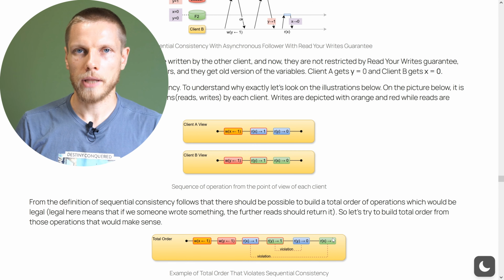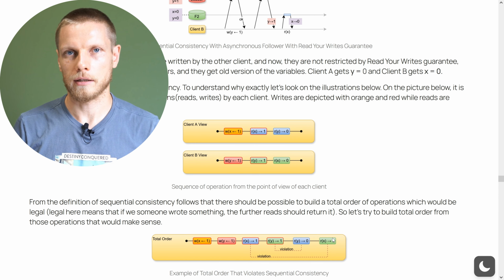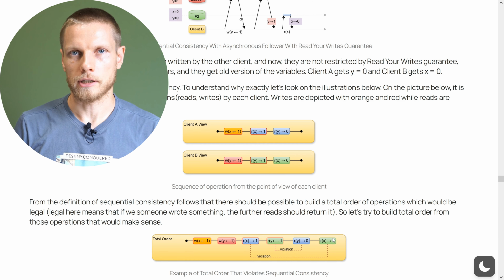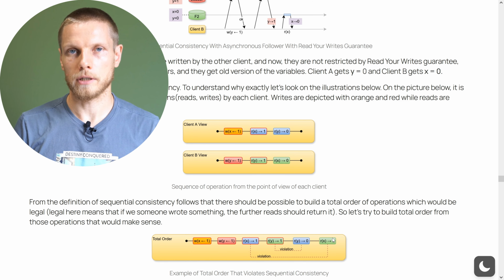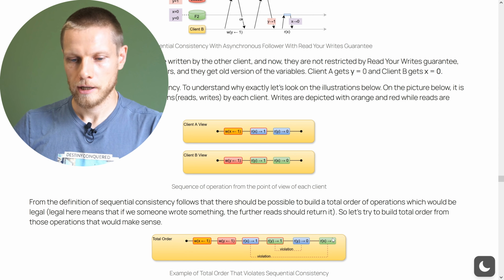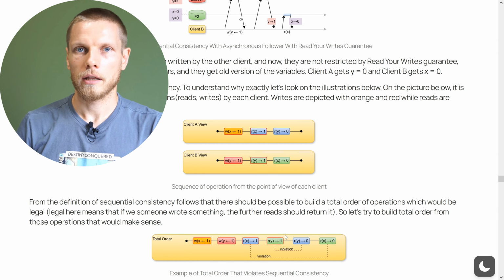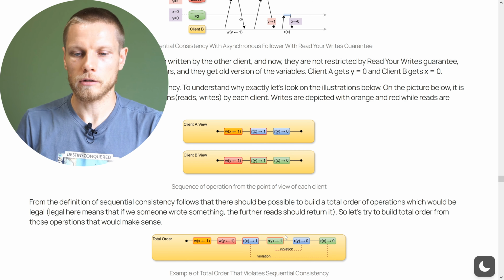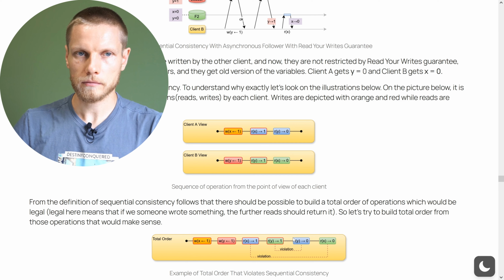And it does not comply with the sequential specification of a register, which says that the value of a register can be changed only if we wrote something to that register. And here is also the same violation. 2 reads return different results, even though there were no writes between them.